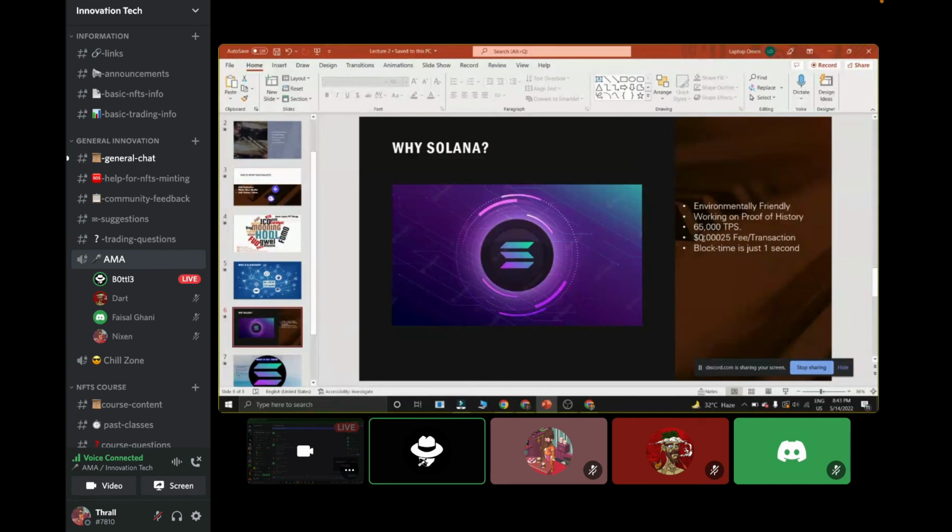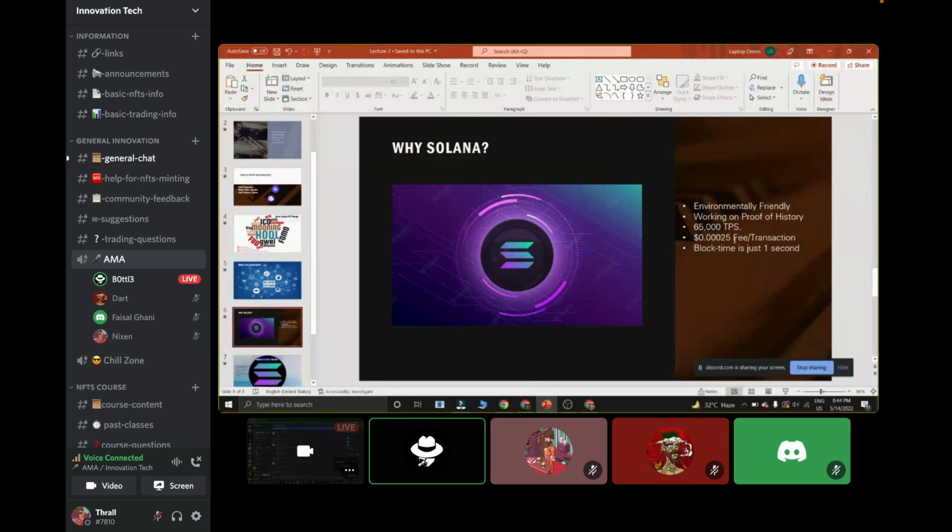And if you are doing a transaction of an NFT, the Ethereum blockchain can deduct up to $250, which is a lot. But on the Solana blockchain, it doesn't matter whether you are doing a simple transaction or a transaction of an NFT, it will only deduct $0.00025 as the fee.